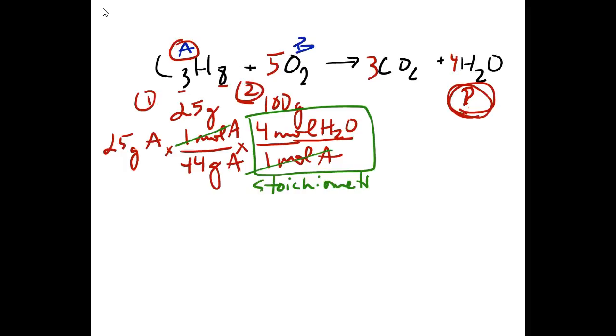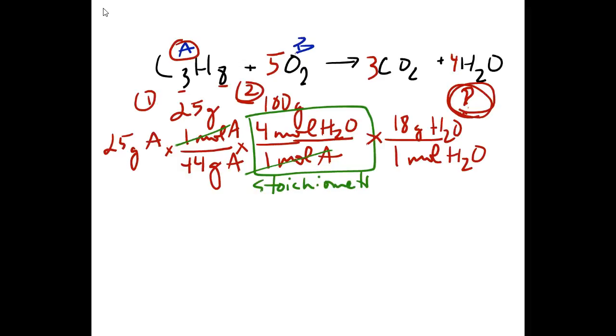Now you can stop here if you're just trying to determine what the limiting reactant is. But if you want to know exactly how much water you're making, you're probably going to want to go one step further. You're going to want to convert those moles into grams. And so hopefully everybody knows that in 1 mole of water, there are 18 grams of water. Okay, so that's my setup for that part.